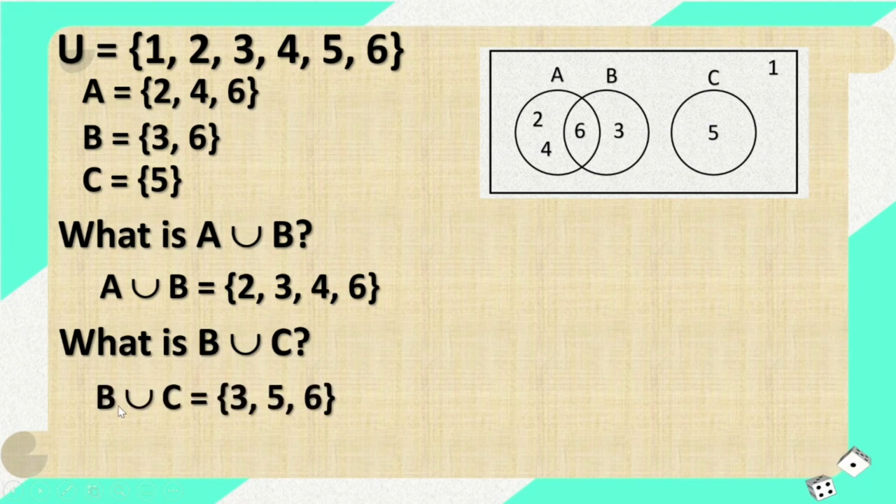So, the union of set B and set C are 3, 5, and 6. So, lahat yun ay ilalagay natin dahil wala namang naulit. So, in the Venn diagram, makikita natin na yun din po yung nakasulat sa event C at saka sa event B.